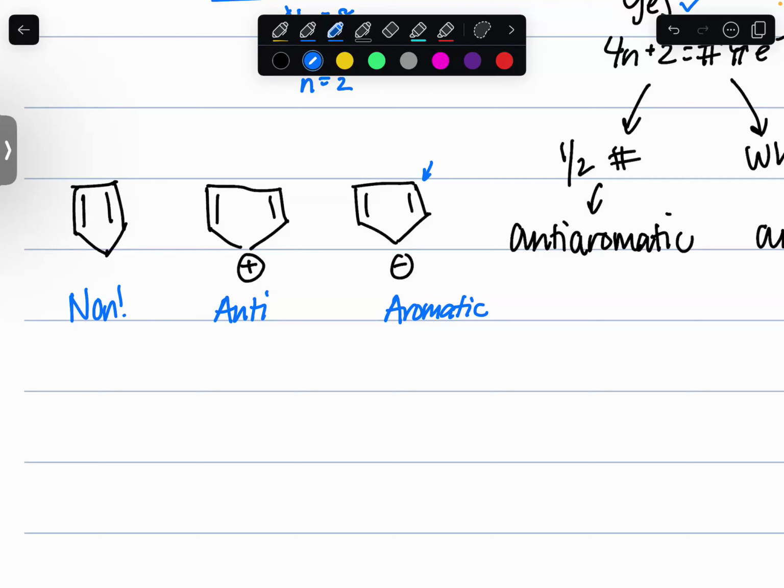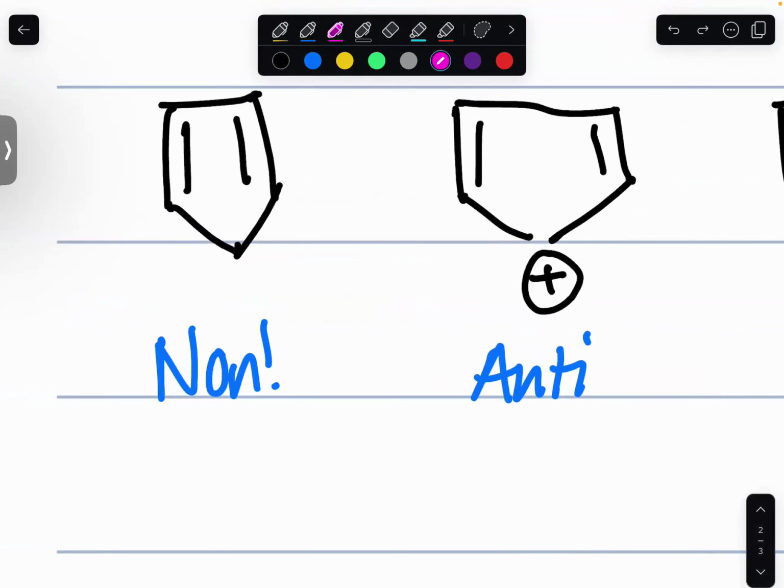So you can't do the resonance structure, because remember that we have implicit hydrogens here. If you try to move either of these double bonds from here to here, there's nowhere for those electrons to go without kicking off the hydrogen or opening up the ring. And that's not a resonance form.